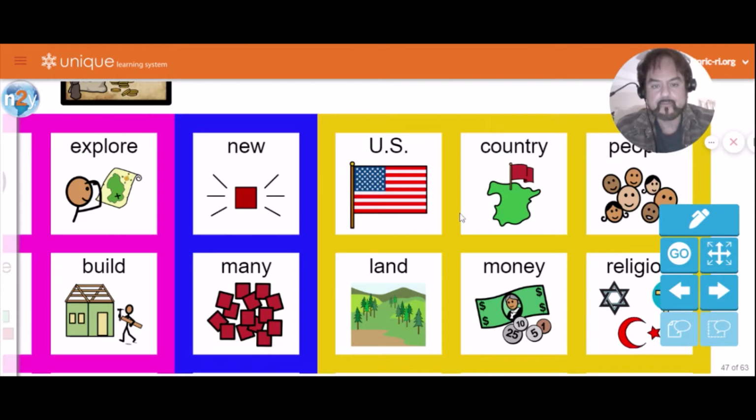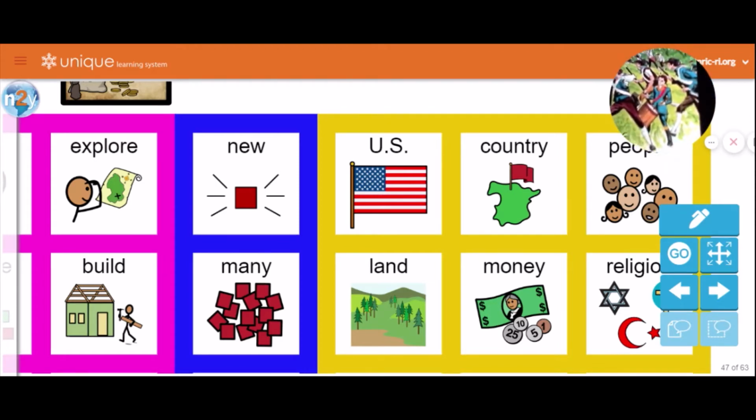The first topic word would be battle. A battle would look something like this during the American Revolution. You had the American Continental Army wearing blue.